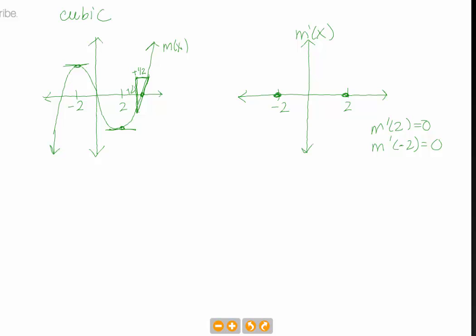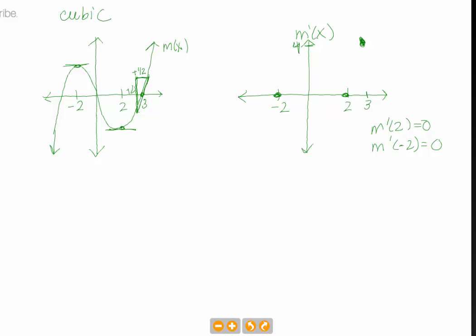So maybe at 3, my slope is something like 4. And again, that's a positive slope there.